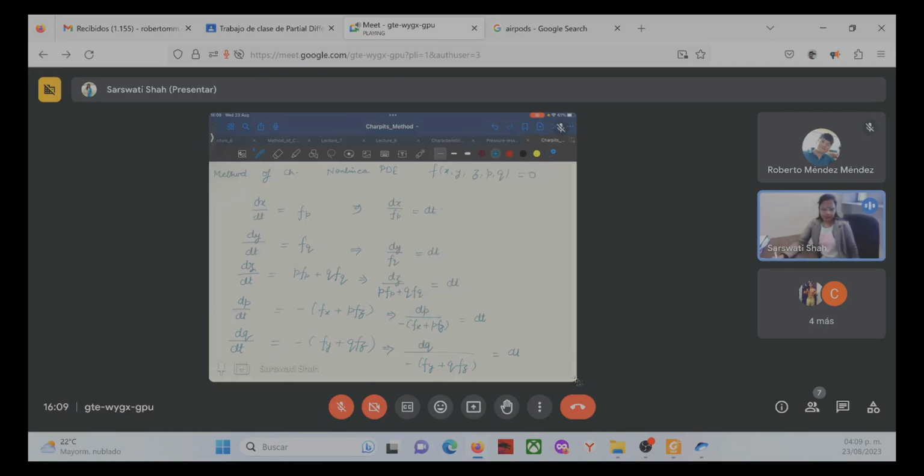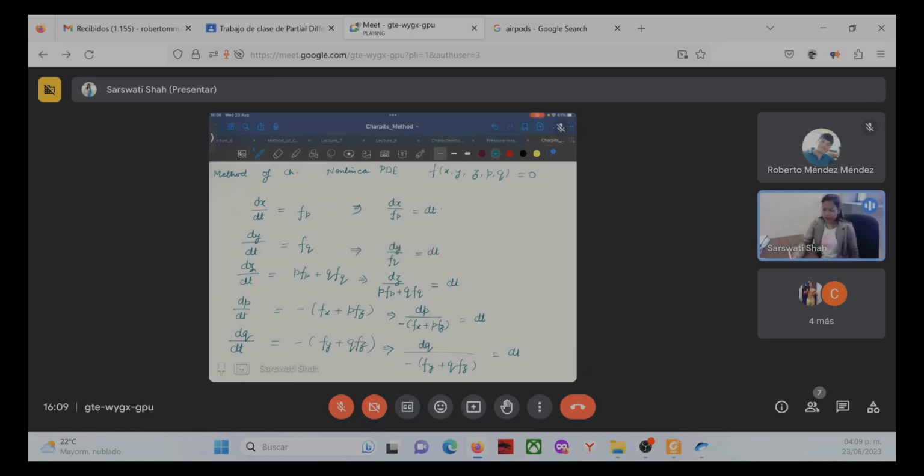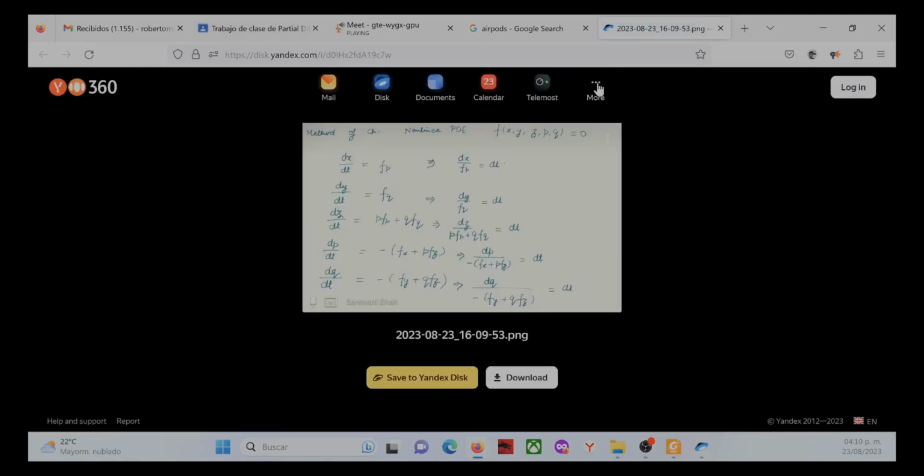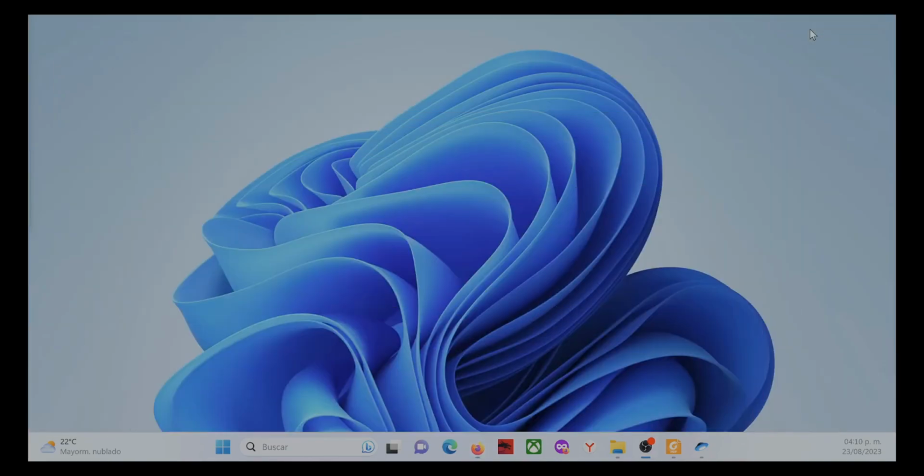Since this dt should be equal, this should be equal to this, and this should be equal to this. It means these five ratios should be equal. And if we keep these five ratios together, isn't it the Charpit equation?